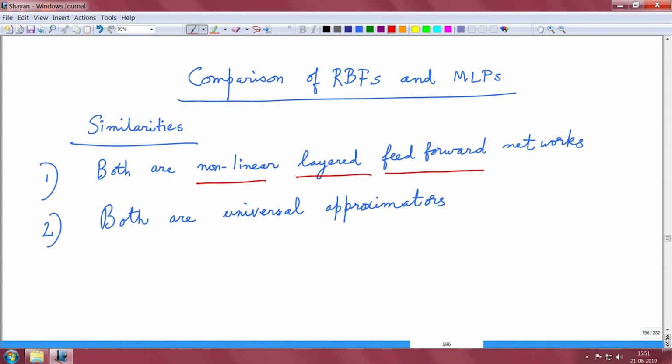And both of these techniques are universal approximators. That means, given the mapping f from x to y, you can realize this mapping through MLPs and radial basis functions.